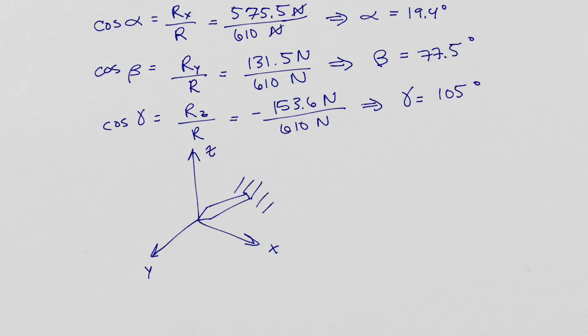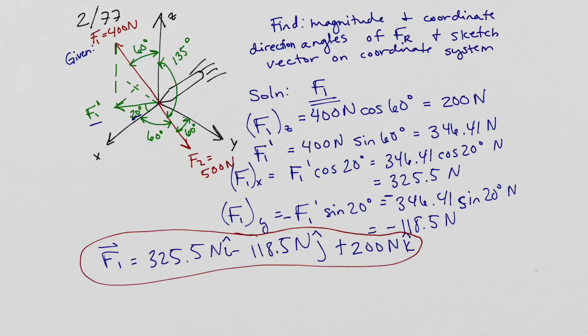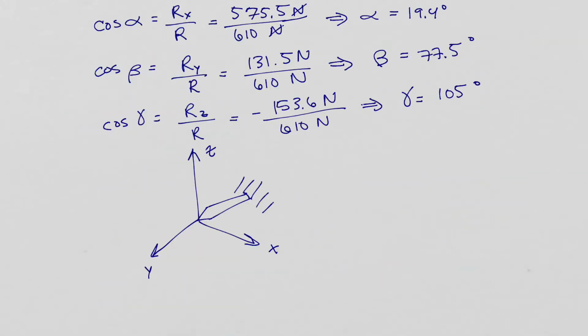Oh, I just noticed I did that wrong. Let me go back. Yeah, so x we had done down to the left. So I'm going to change that. So x and y. So x is 19.4 degrees. So that's this angle here. The angle from the y-axis is 77.5 degrees.